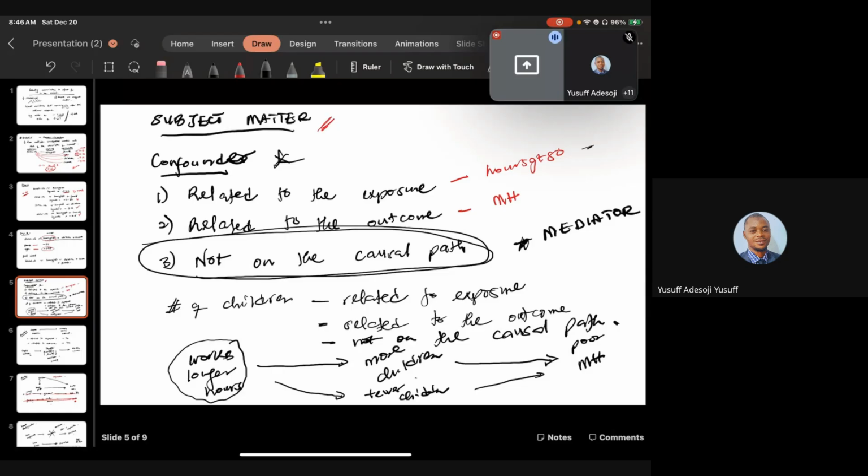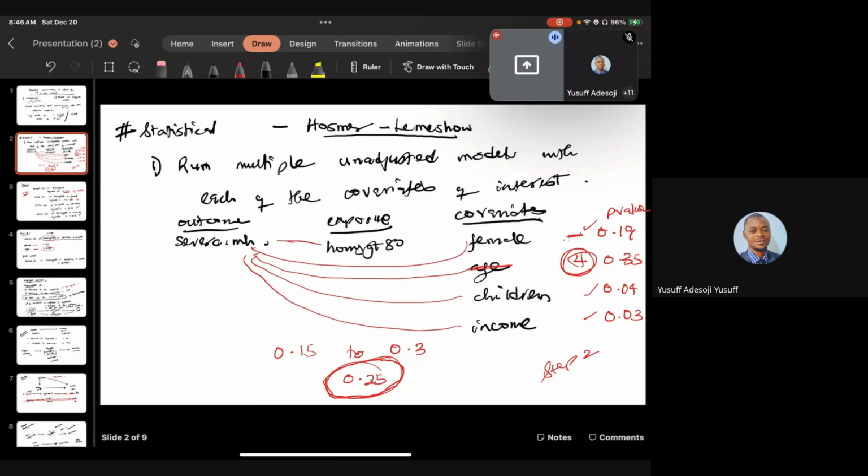So based on that, you will add maybe female, children, age. Even though age did not meet your statistical qualification, you will still include it if it is a confounder based on subject matter.